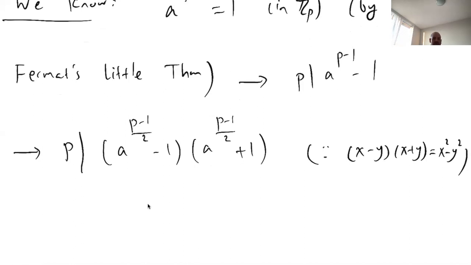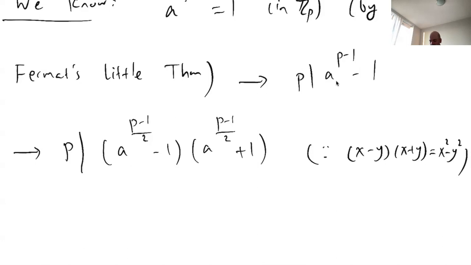So now if you look at this one, x minus y times x plus y, the answer will be x squared minus y squared. Now A to power P minus 1 over 2 squared, according to the properties of exponents, is A to power P minus 1. And 1 squared is of course 1. So this expression is same as this expression.